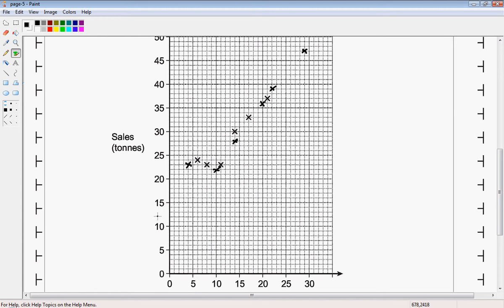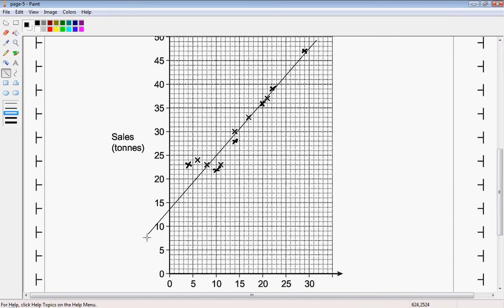Now, because it's a scattergram, we would automatically draw a line of best fit. Now, I don't know about you, but I can see that there's a pretty good line running through the center here. So this is where I will put my line. So I take my point here and then run it through here.